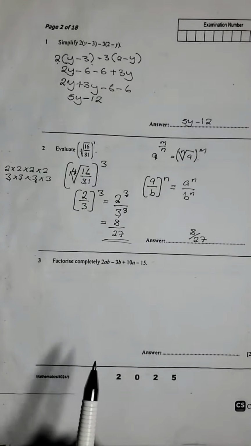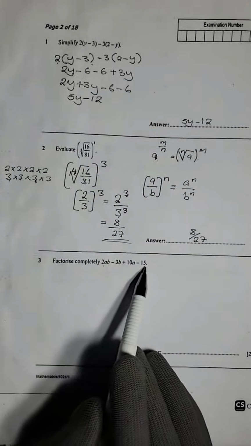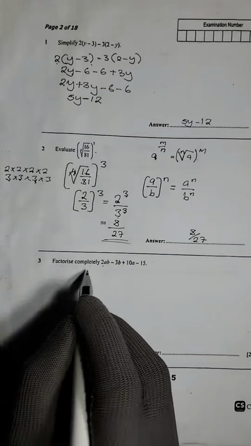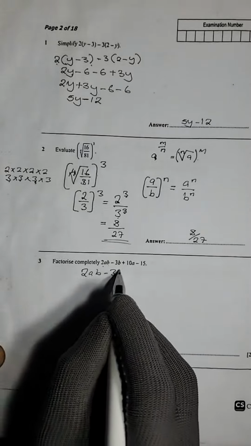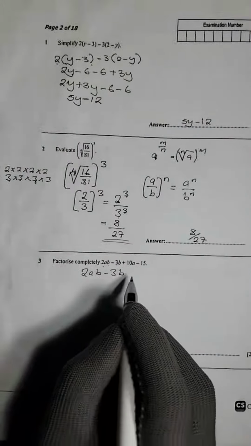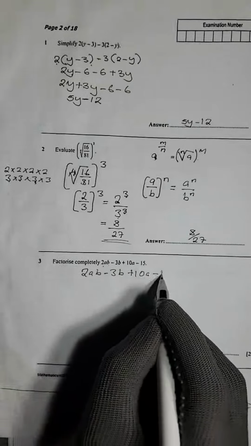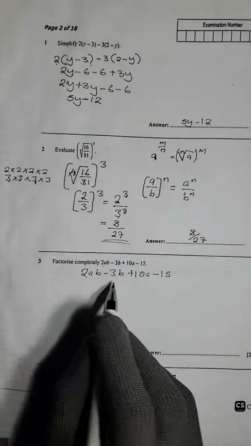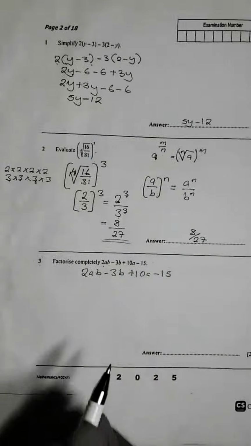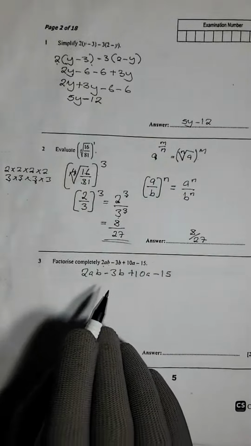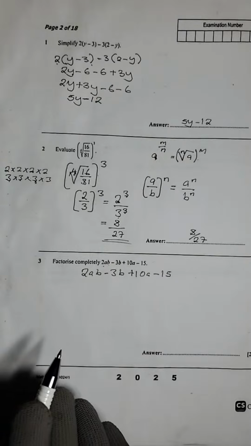How and why? Because check, we don't have what is common in all the 4 terms. This is 2ab, minus this is negative 3b, this is 10a, this is negative 15. So we don't have what is common throughout in all the 4 terms. But we can group these terms and factorize by grouping.